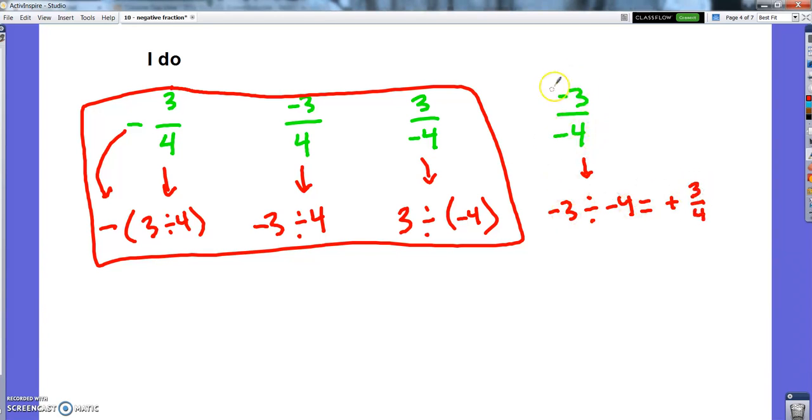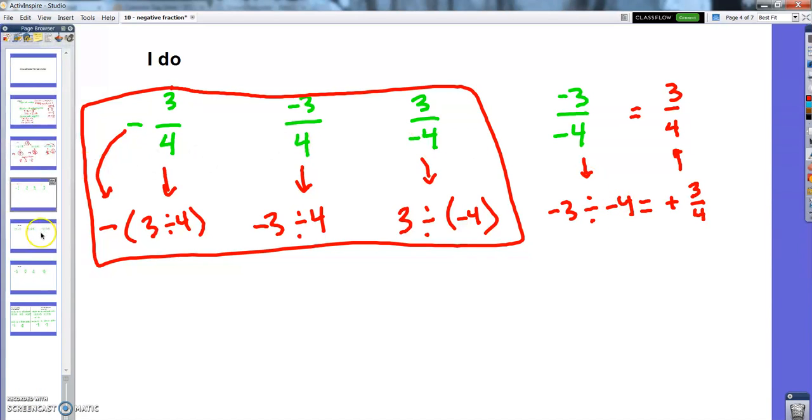So if you ever see a double negative fraction, it's kind of weird, but that's really the same thing as the positive fraction. Just all this division and fraction business, it just all goes together. It can be a little confusing to be comfortable moving back and forth however you want, but it works.